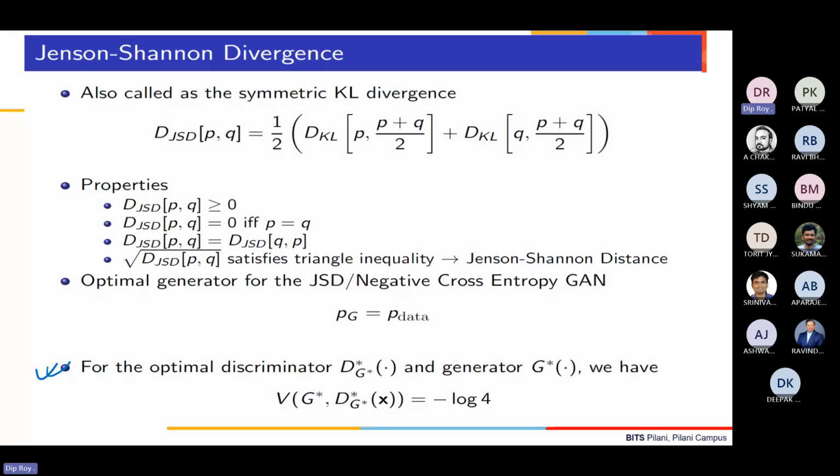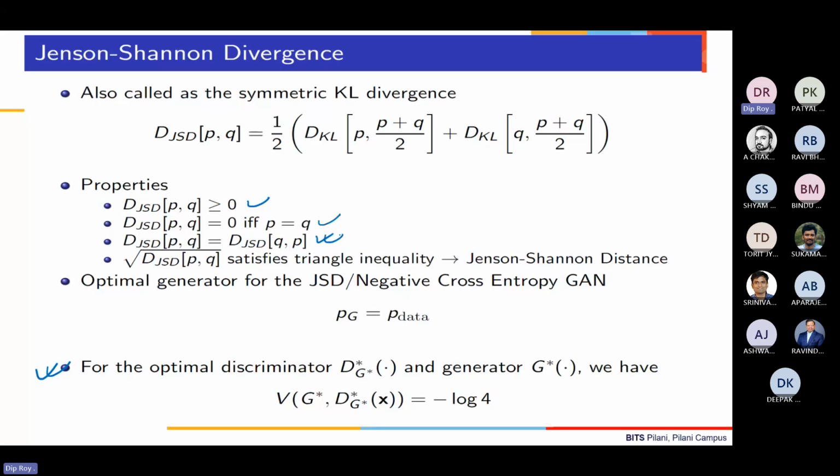And this Jensen-Shannon divergence, similar to KL, has these properties: it is always positive, or it is 0 when P is equal to Q. And unlike the KL divergence, the Jensen-Shannon divergence is symmetric in nature.